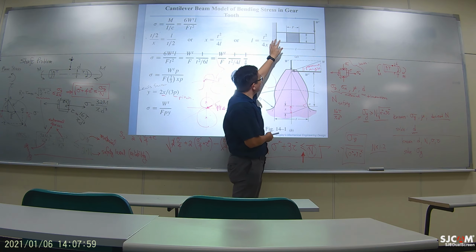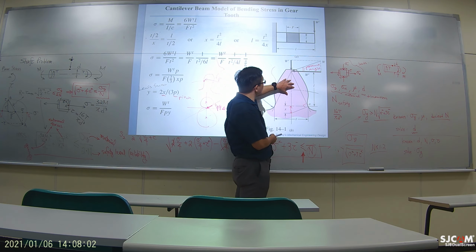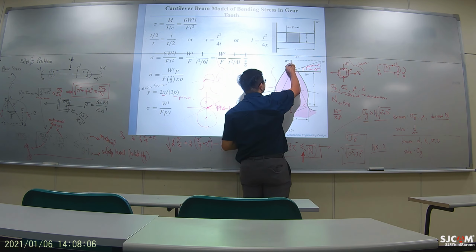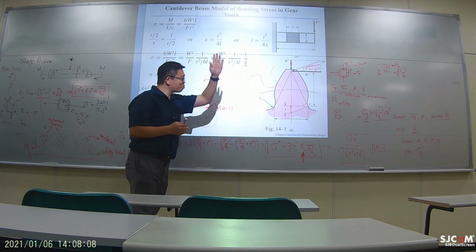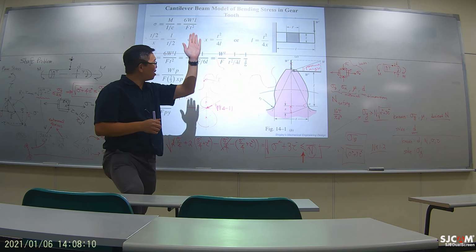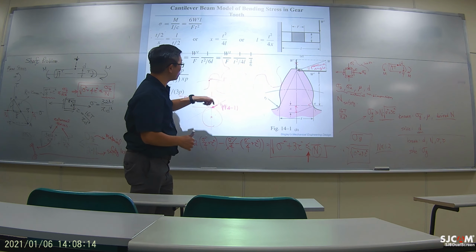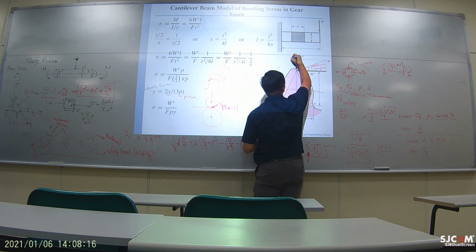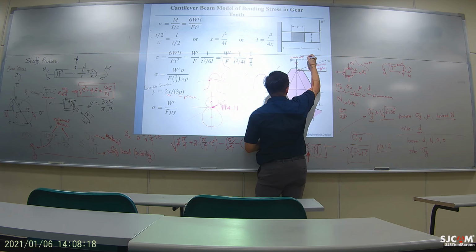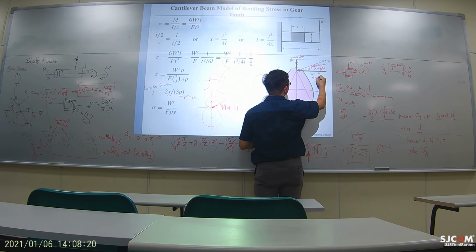And when they treat this tooth as a cantilever, they don't even care about this one, because this vertical force is basically following the radial direction. R represents radial, and T represents transverse.